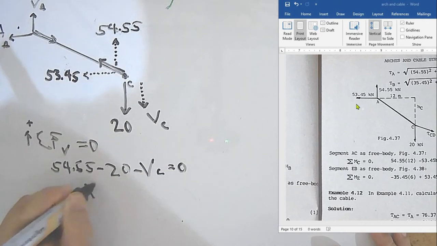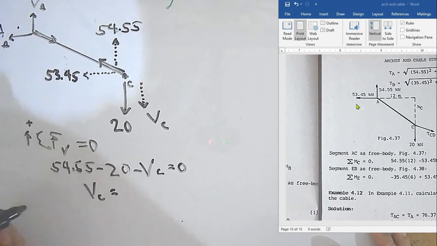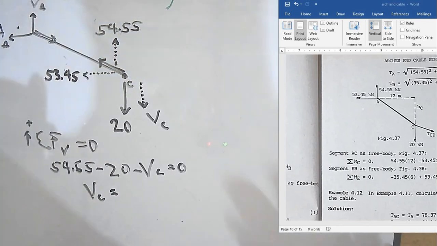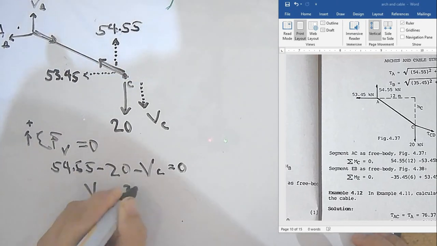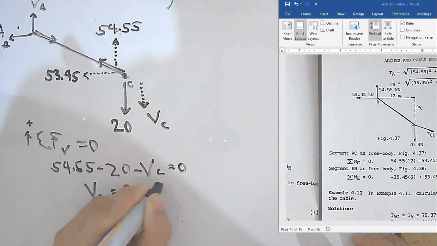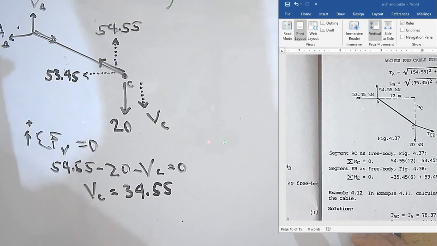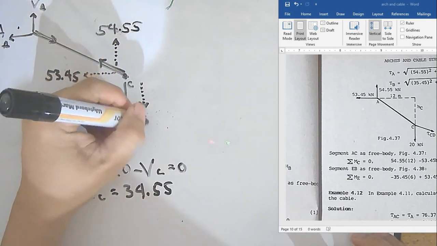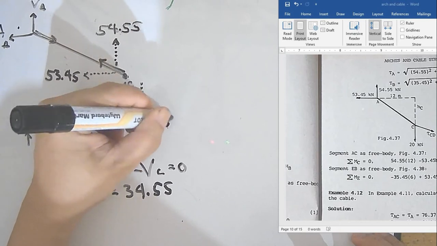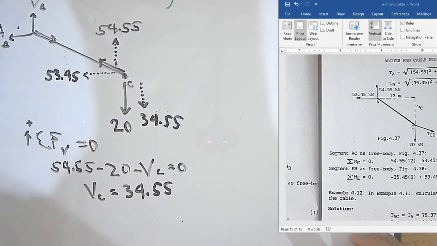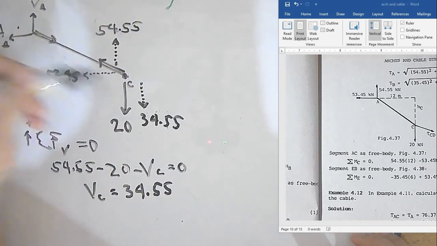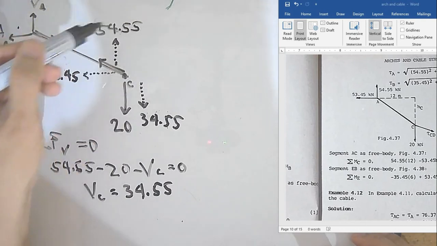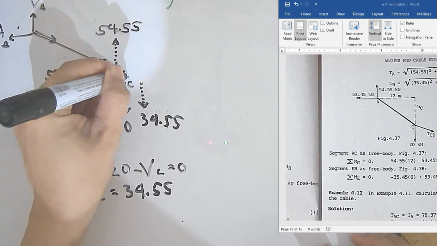So, from here, you can easily solve for VC, which is equal to 34.55 newtons. Okay? So, isusulat na natin ngayon. That is now 34.55. So, we can check. Summation forces vertical again, 20 plus 34.55 is equal to 54.55.